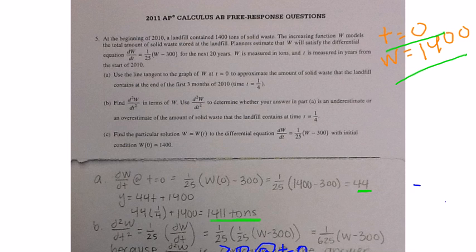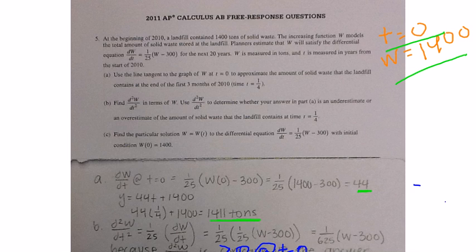So we need to use the second derivative to determine whether part A is an underestimate or an overestimate for the amount of solid waste that the landfill contains. What I was first struck with reading B is what Mr. Shan always says, that free response questions, they lead you somewhere.